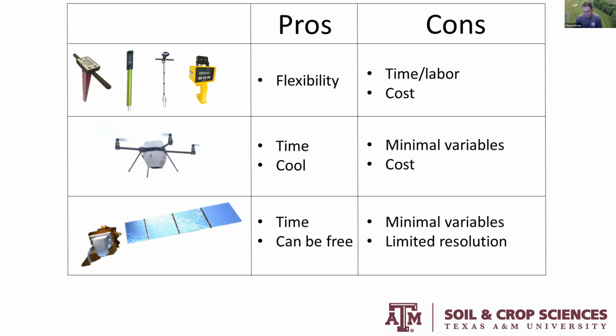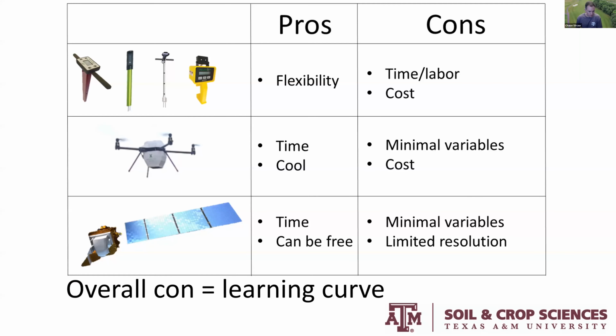If you download some of these free ones, maybe those pixels are very large, and maybe you only have like 4 pixels per fairway, and it's really hard to identify small areas. So the free ones have limited resolution, and just like the drones, minimal variables. Definitely the resolution is the big thing with the satellites, unless you're paying for it, because there are some really good satellites out now.